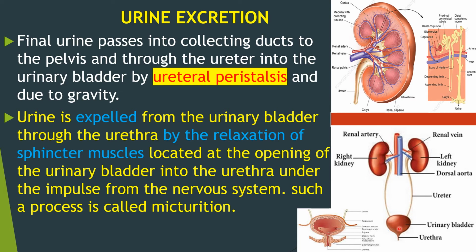Then this urine is expelled from the urinary bladder. After that, what will happen? The urinary bladder collects urine from the ureter. Then it is expelled from the urinary bladder through the urethra by the relaxation of the sphincter muscles located at the opening of the urinary bladder into the urethra.